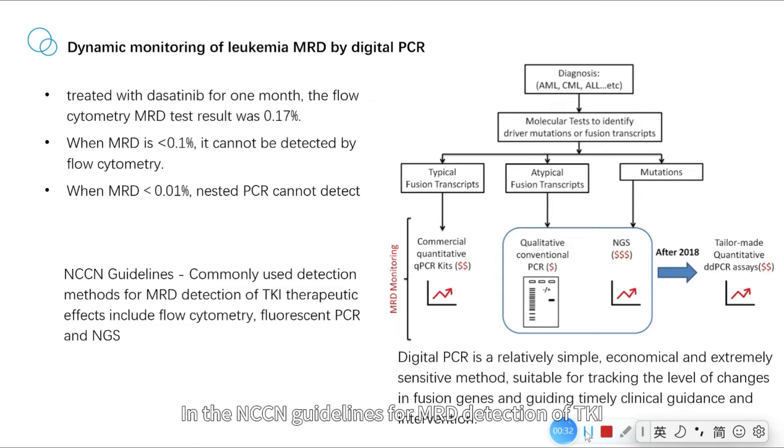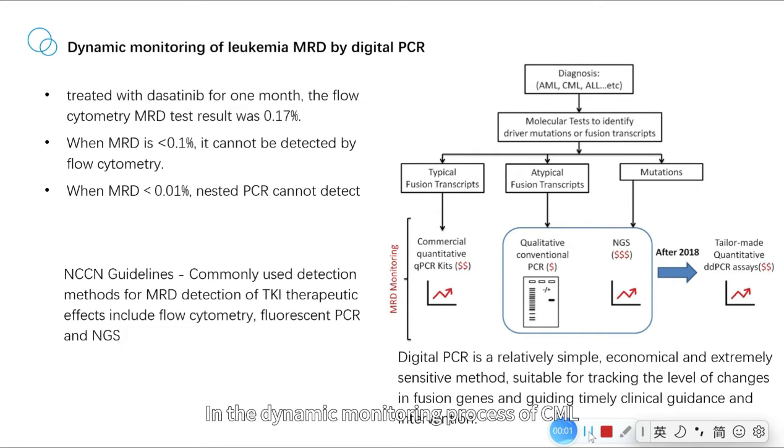In the NCCN guidelines, for MRD detection of TKI therapeutic effect, commonly used detection methods include flow cytometry, qPCR, and NGS. Flow cytometry and NGS can be used to detect a broad spectrum of targets for MRD. However, the sensitivity of the former is relatively low.